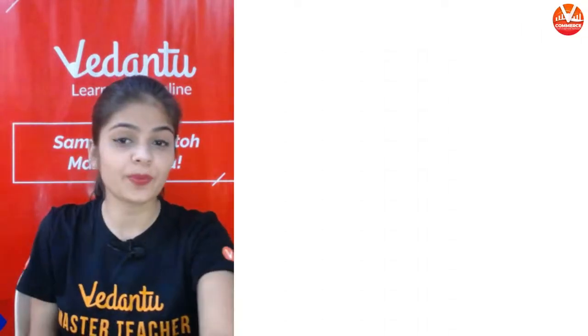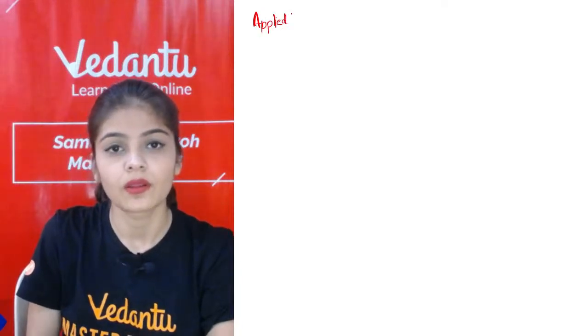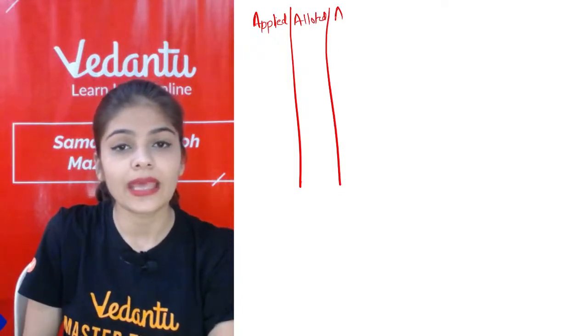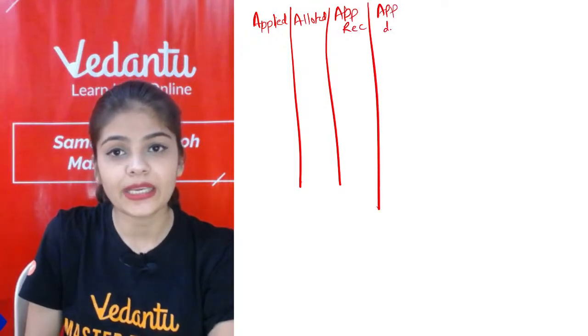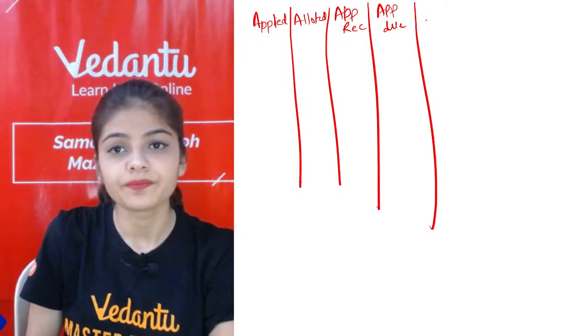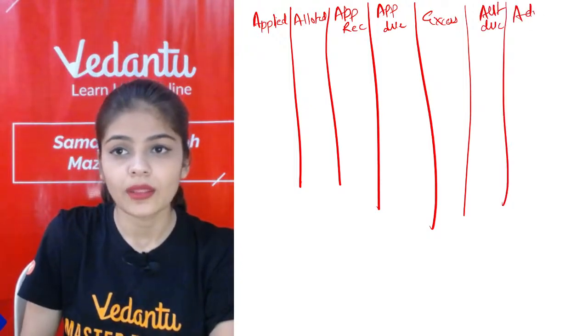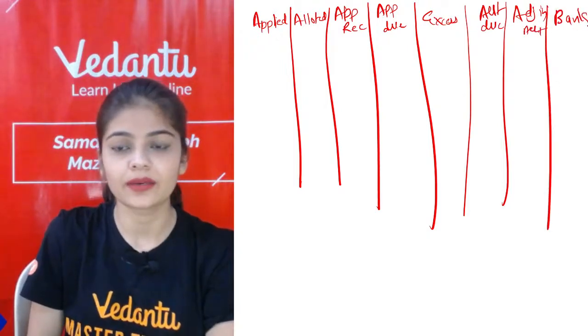So let us first prepare the oversubscription table. So first applied, then allotted, then application received, then application due, then excess, then allotment due, then adjusted in allotment, and then bank.